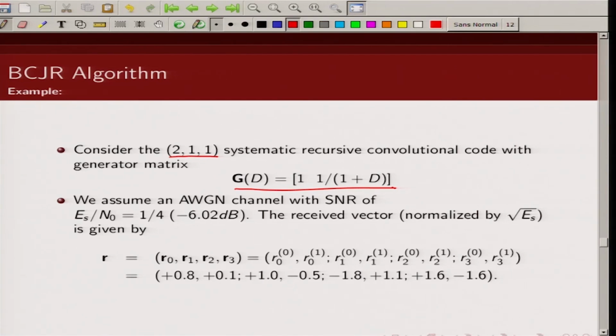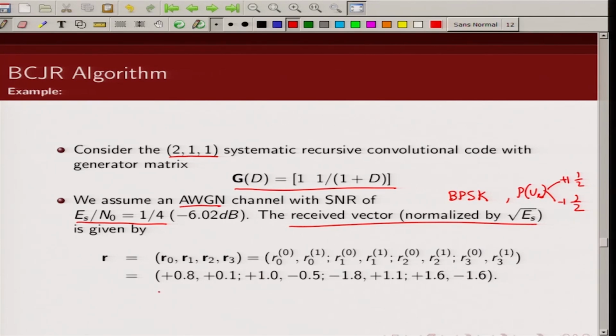We are considering BPSK modulation, and we are assuming that the input U_l is equally likely to be plus 1 or minus 1, with probability half each. We are considering an AWGN channel with SNR of 1/4, and we are assuming that the received signal is normalized by root Es.